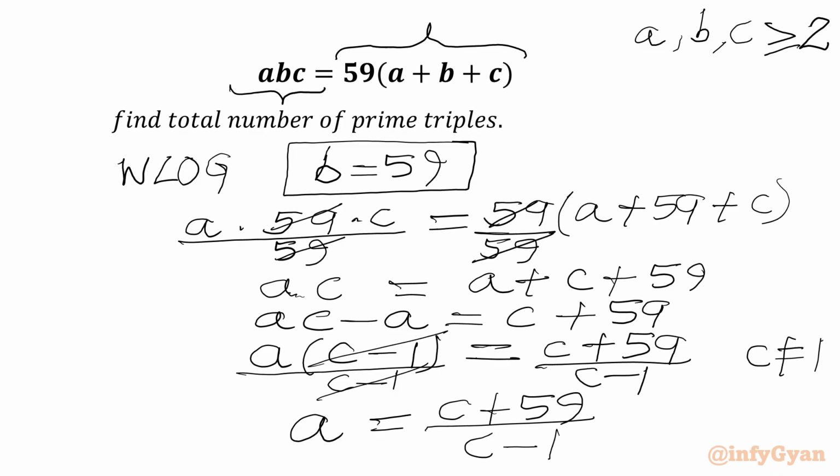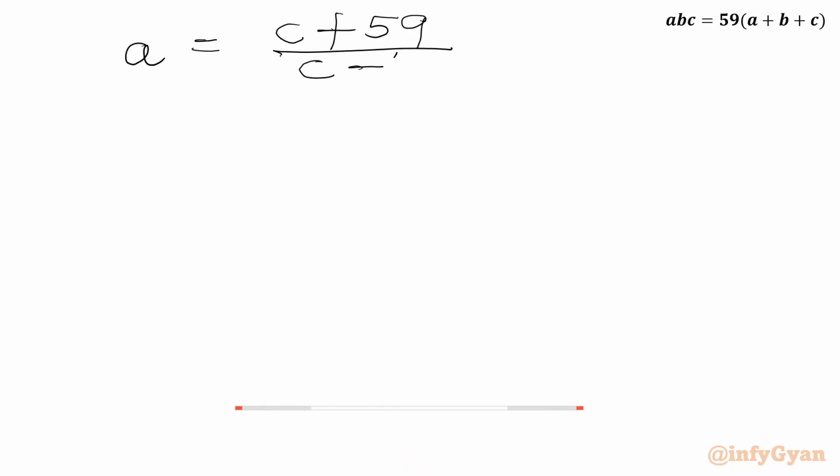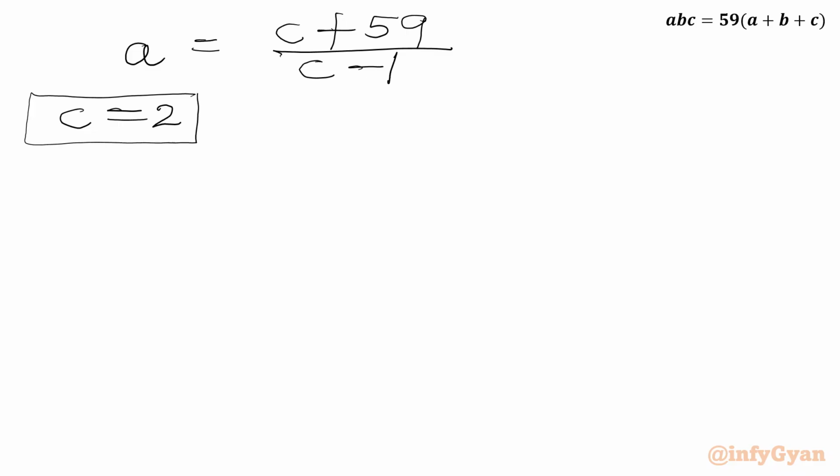Now we will test our equation for prime numbers C greater than or equal to 2. Let me write here A equal to (C plus 59) over (C minus 1). Our first prime number is C equal to 2, the only even prime number in mathematics.